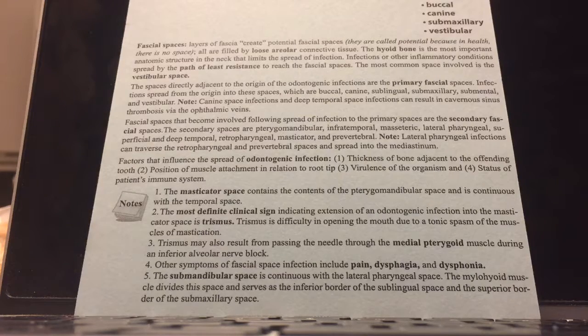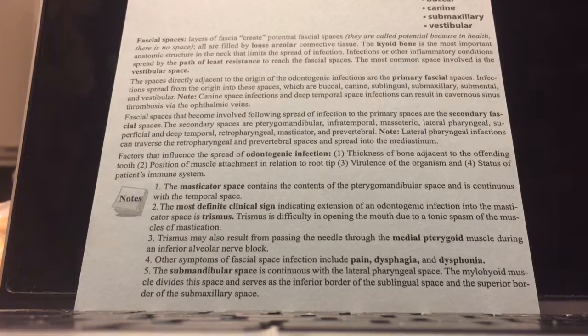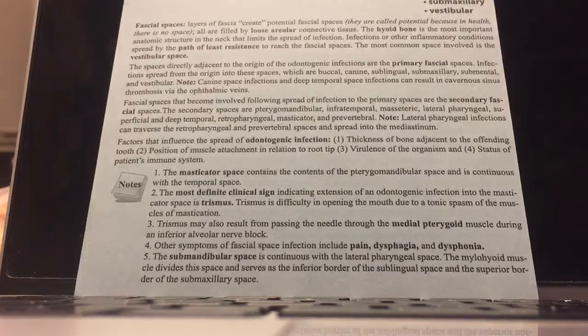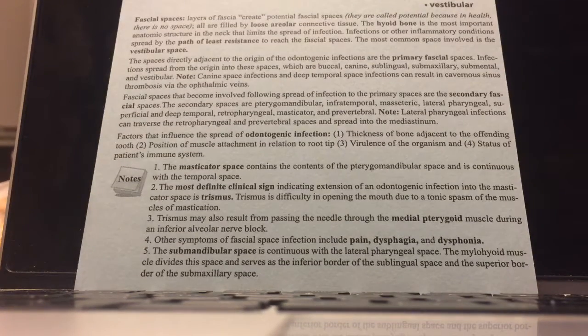Trismus is difficulty opening the mouth due to tonic spasm of the muscles of mastication. Note 3, trismus may also result from passing the needle through the medial pterygoid muscle during an inferior alveolar nerve block. 4, other symptoms of facial space infection include pain, dysphagia, and dysphonia.